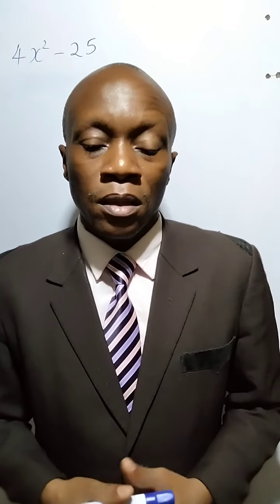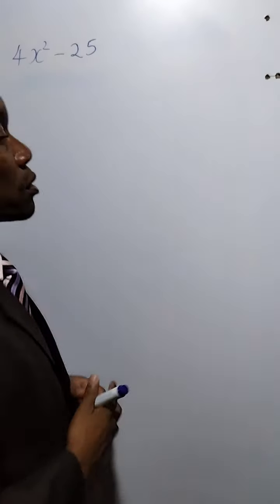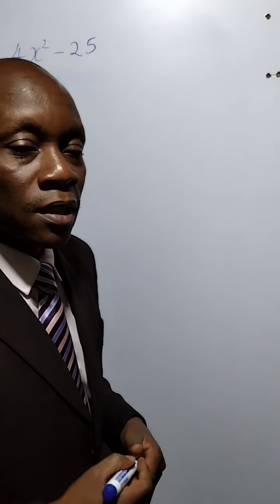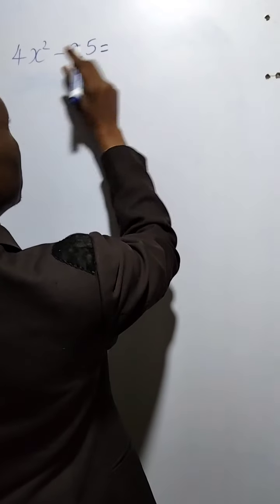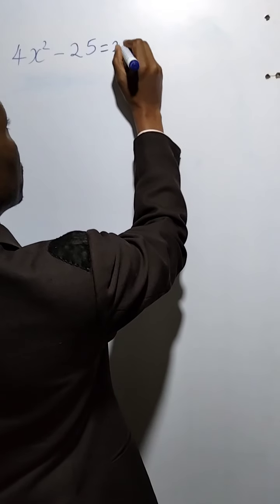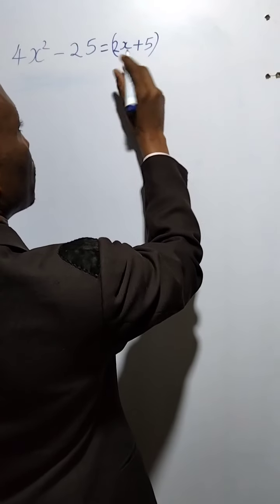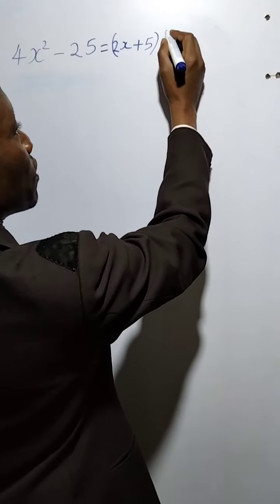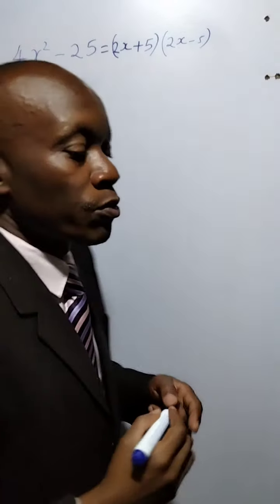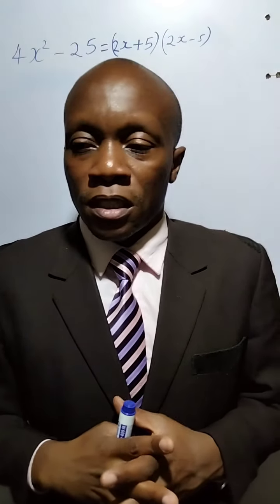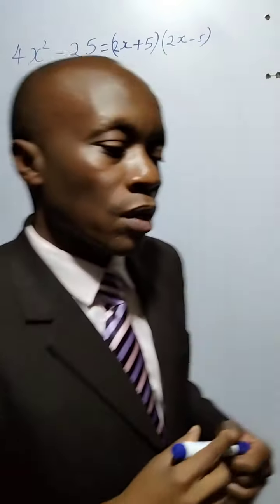Somewhere in your schooling you may have come across such a quadratic expression, and you are told that to factorize it, you simply say this is equal to the square root of this, which is 2x, plus the square root of this, which is 5, and then you write it again with a negative, so you have 2x minus 5. You are told that that is how you factorize that. Now the question is, how does that come to play? That's what we want to talk about today.